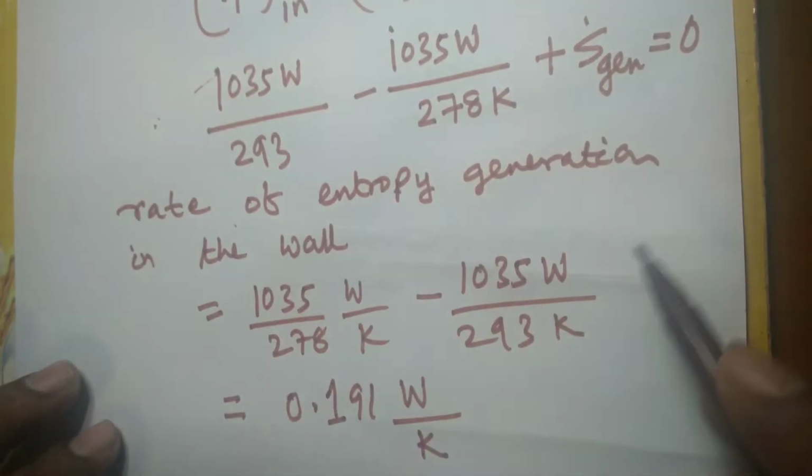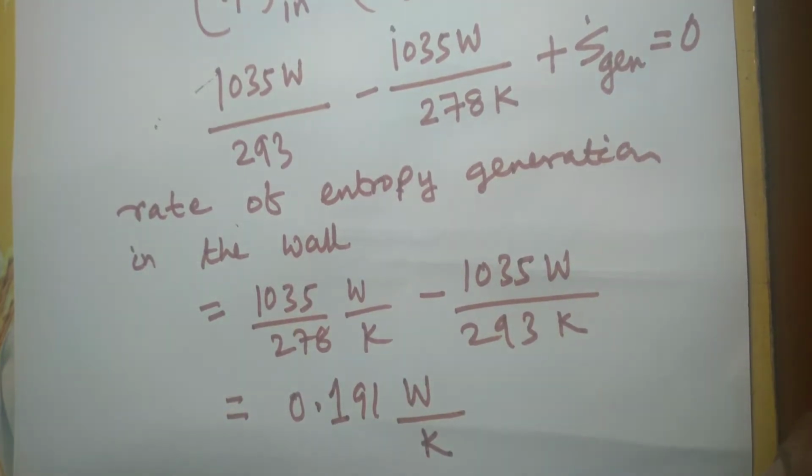This is the rate of entropy generation in the wall.